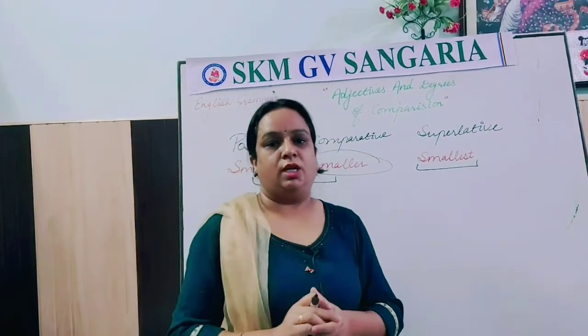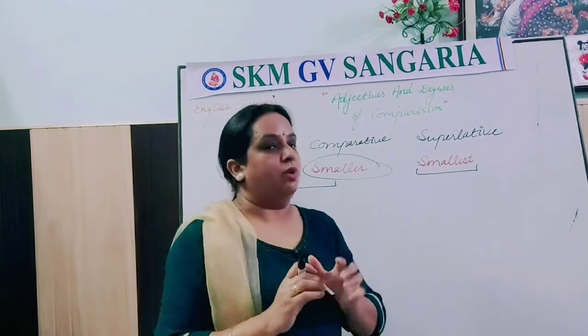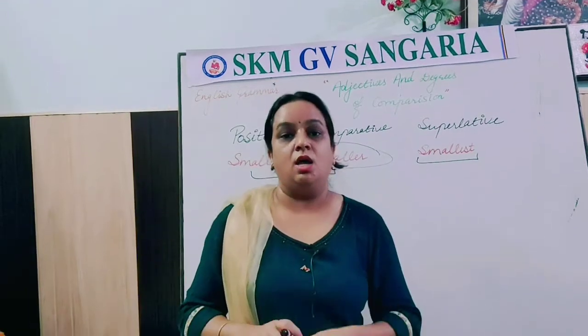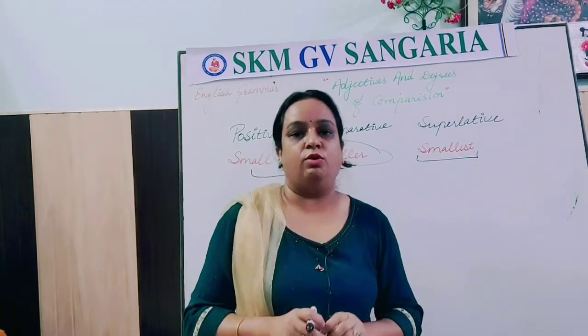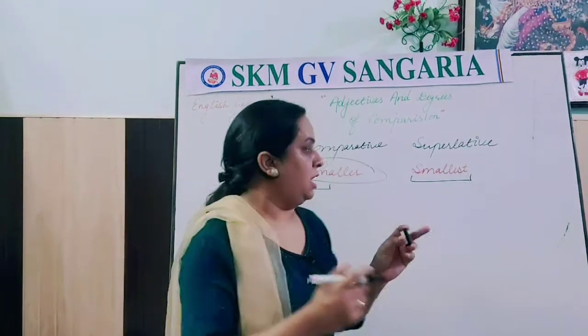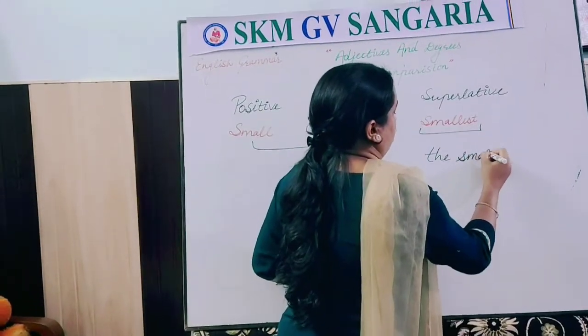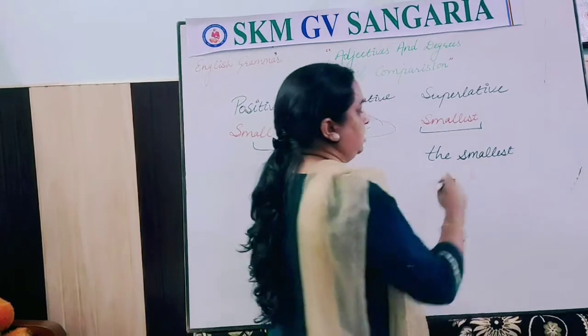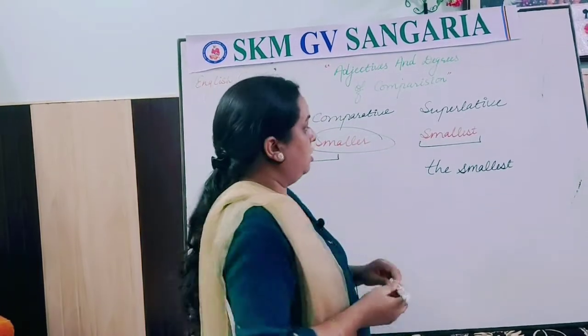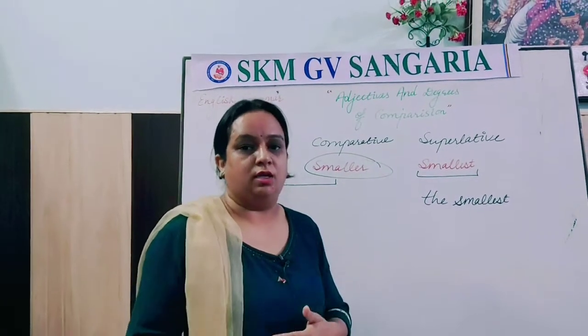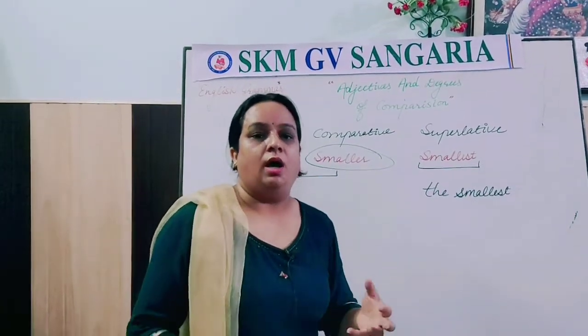One thing I want to tell you here: whenever we write the superlative degree, we have to use "the" with it, like the smallest, the biggest, the laziest, and like this.